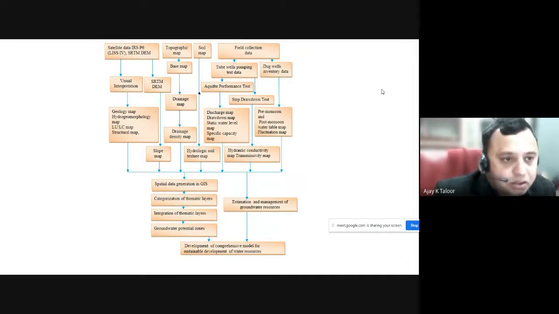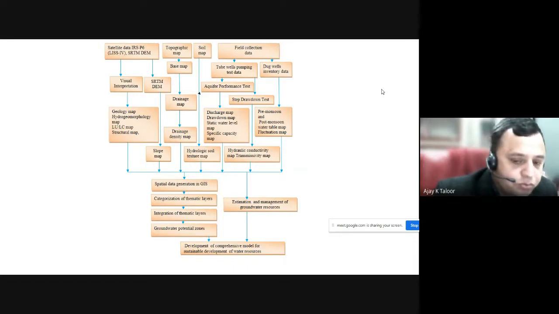Then certain data we have collected from the field. This particular research is field as well as remote sensing based research. So here we have the collection of field data, then the pre-monsoon water table. Then we prepared the post-monsoon water table map. We measured the pre-monsoon water table in the field, the post-monsoon water table, and then the fluctuation, subtracting pre from post.